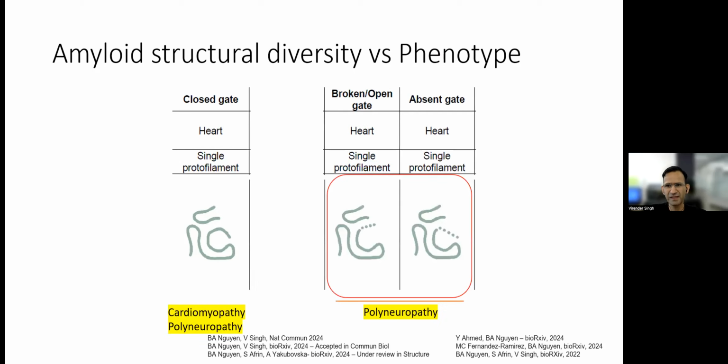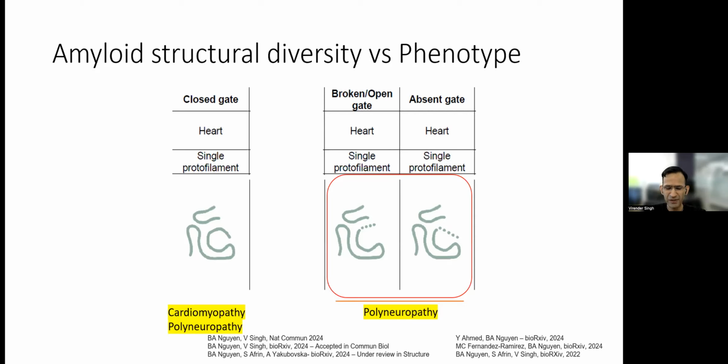But when it comes to I84S, which falls under polyneuropathy, those cases show the closed gate conformation, which is again consistent with the wild type. But along with that, we now observed different polymorphs, which we again named broken or open gate or absent gate. So due to this peculiar mutation, ATTR I84S, we observed different polymorphic states.